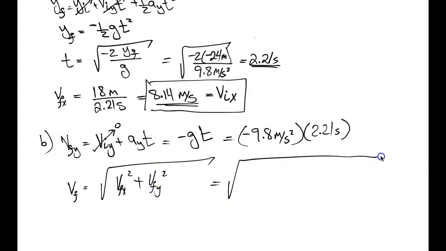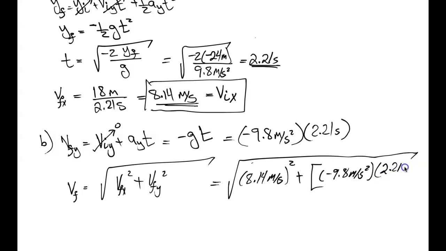So this equals the square root of this 8.14 meters per second quantity squared plus this negative 9.8 meters per second squared times 2.21 seconds, the whole thing squared, the whole thing under the square root. And now I limit the amount of rounding errors that I can get, and I get a final velocity of about 23.16.